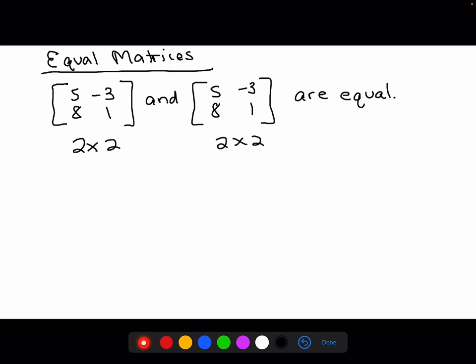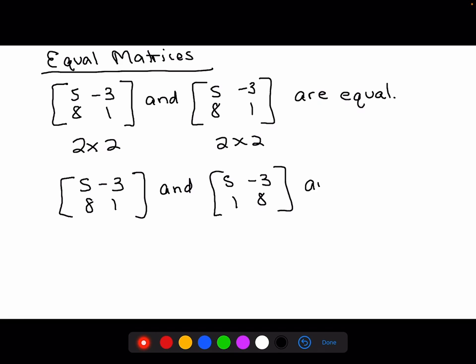Whereas if you had something like this, these are not equal.